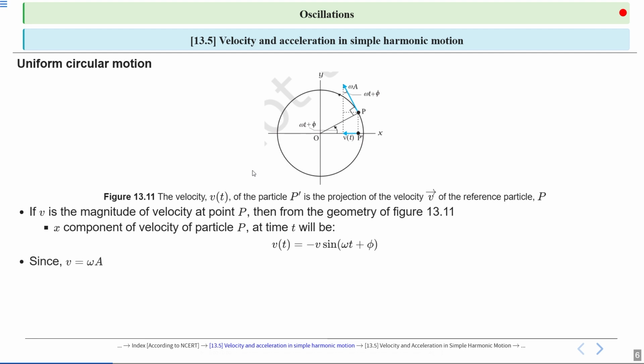Now let's recall that v, the speed in circular motion, is equal to omega times A. Capital A is the radius of the circle or the amplitude of the oscillation measured in meters. Omega again is the angular frequency in radians per second. This relationship helps us rewrite our velocity formula in terms of amplitude and angular frequency.